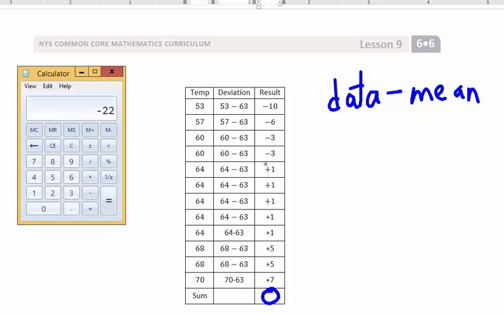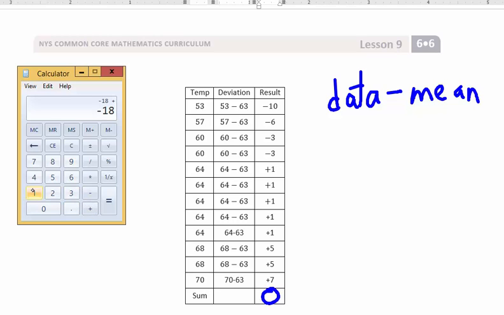So now I'm going to add my positive values. So there's plus 1. Plus 1. Plus 1. Plus 1. And I only added 4 ones. How many are there? 1, 2, 3, 4, 5.